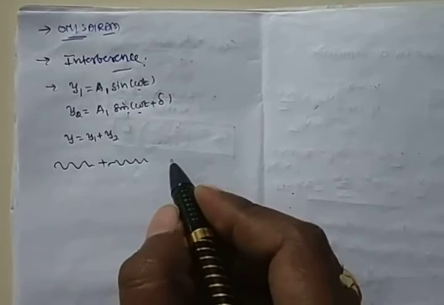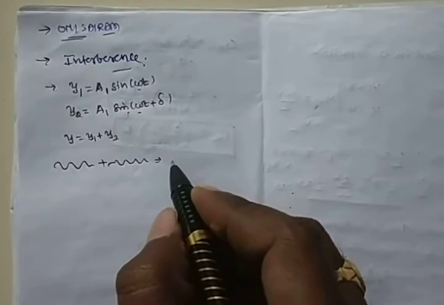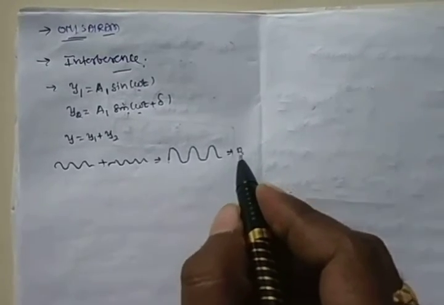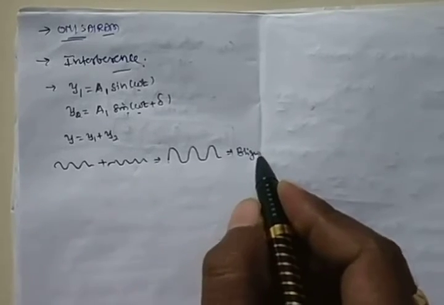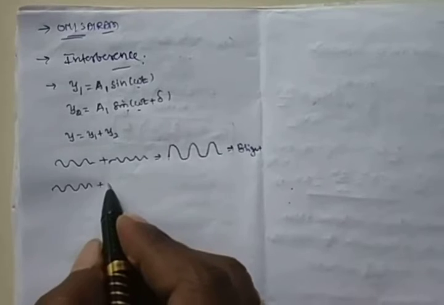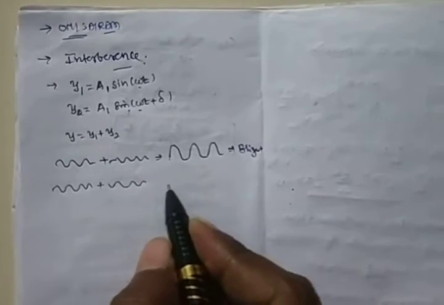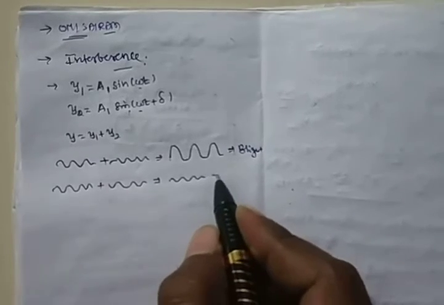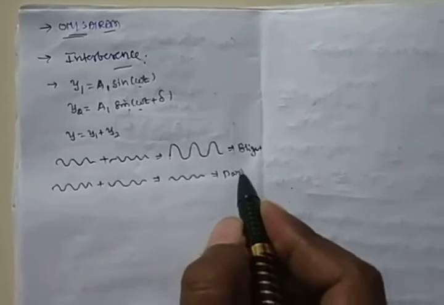If these waves are moving like this, then you will get constructive interference like this, which will give the bright image. To get the dark, the wave is like this, then the output is like this, so you will get the dark image.